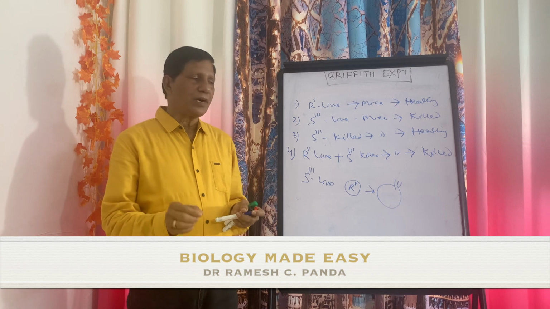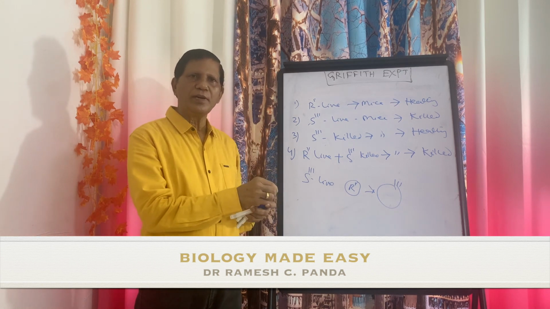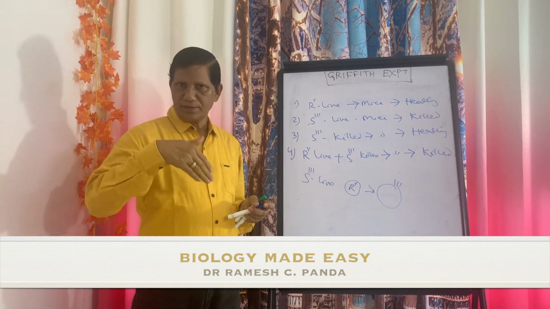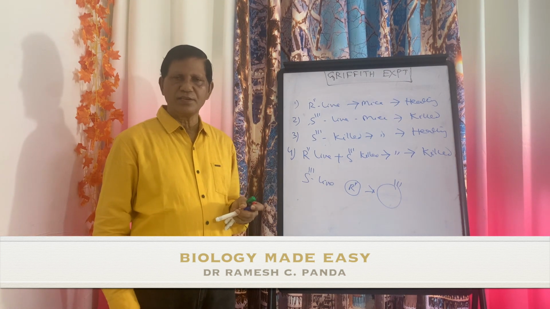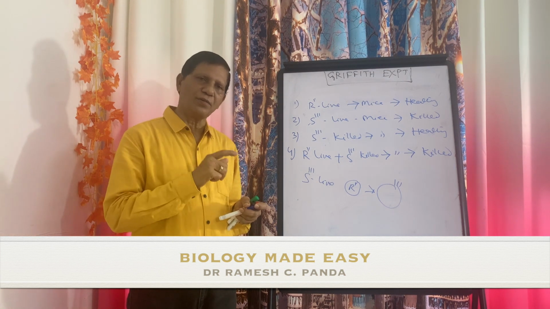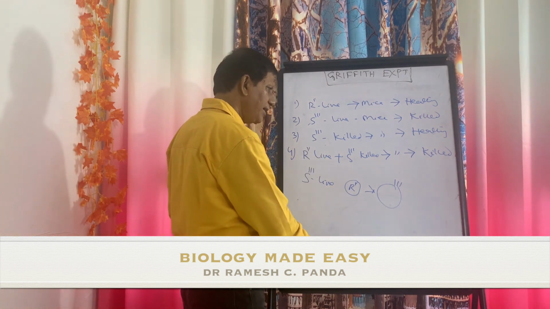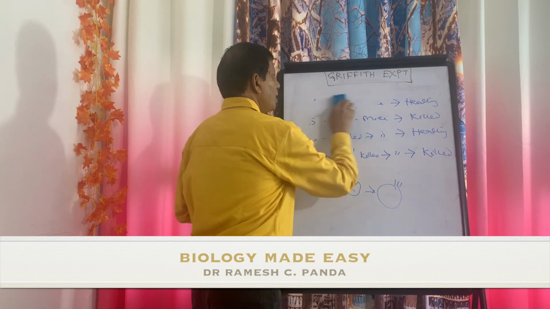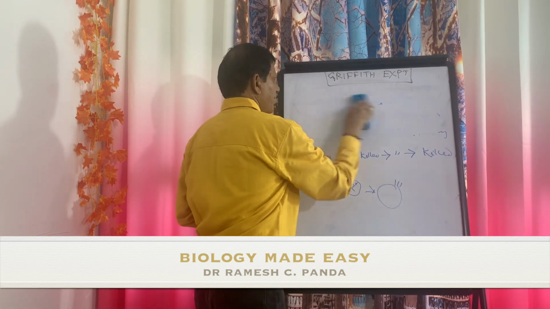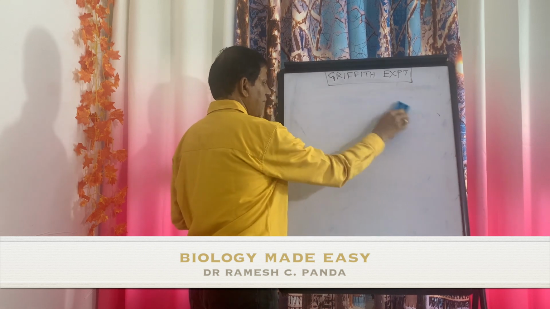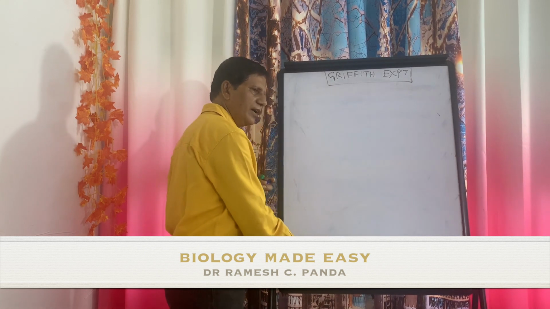But ultimately, what is this transforming principle? It was solved after another 15-16 years, in 1944, by three scientists, Avery, MacLeod and McCarty. So these three scientists repeated the experiment of Griffith, but with slight modifications.